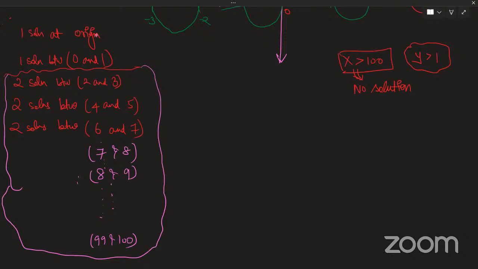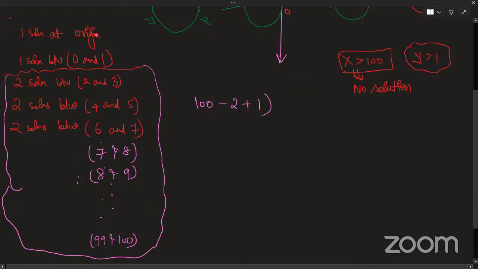So देख लो यार, 2 3 के बीच में 2 है, राइट? 2 3 4 5 6 7 7 8 है, 8 9 है, और 99 100 है. So basically, it is just the number of natural numbers between 100 and 2, right? So 100 minus 2 plus 1, कितना हुआ ये? 99 हो गया, right?